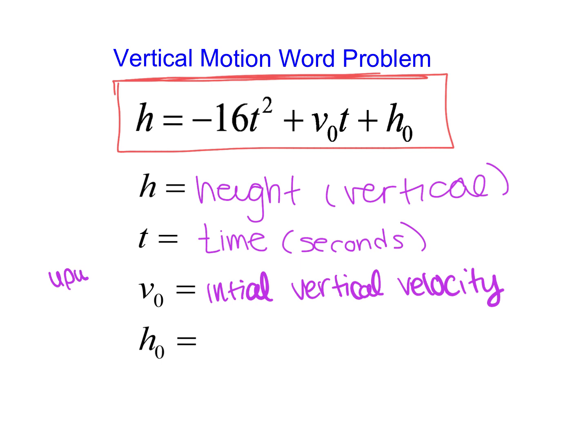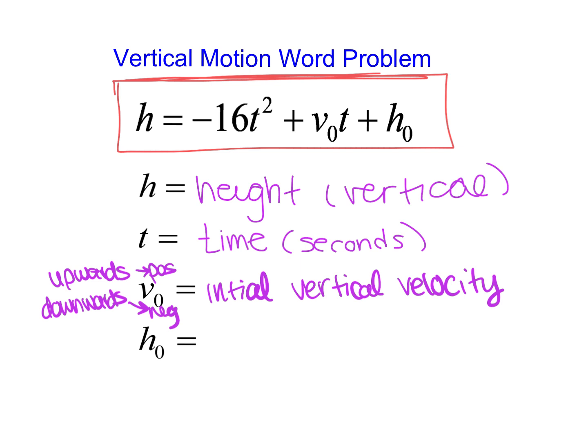If it's going up, that v sub 0 value is going to be a positive value. However, because velocity has a direction, if it was going downwards to start, it would actually be negative. So pay close attention to upwards velocity versus downwards velocity.